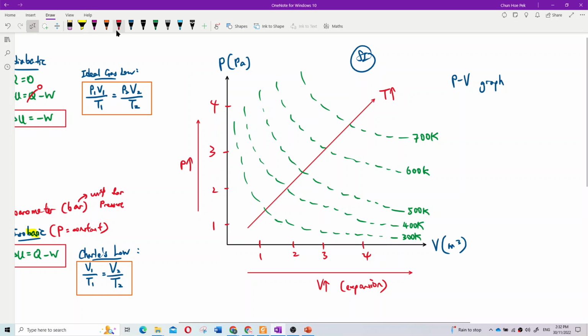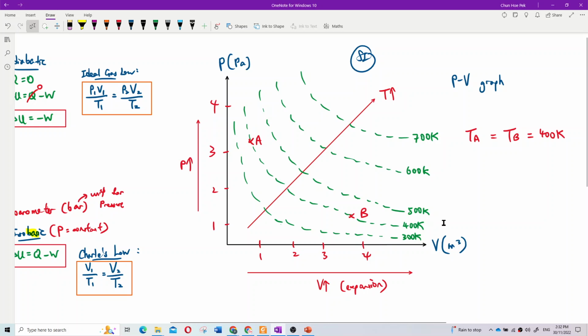So now I want to ask you a question. What is the difference in temperature between point A and point B? Same, sir. Yes, they have the same temperature. That's correct.